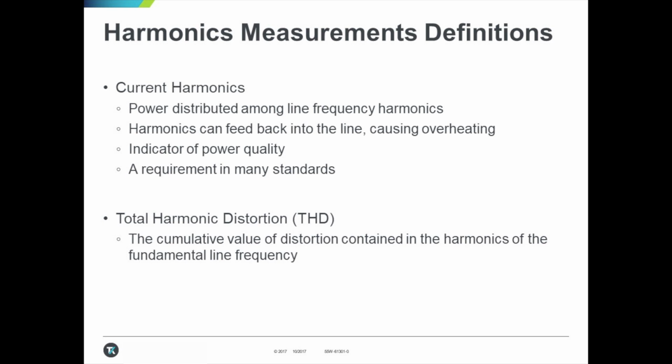Current harmonic measurements are an important indicator of power quality and a requirement in many EMI standards. Total harmonic distortion is the cumulative value of the distortion contained in the harmonics of the fundamental line frequency. We will use THD, or total harmonic distortion, as a figure of merit when comparing total harmonic distortion as a percentage of the fundamental or as a percentage of the RMS measurement.